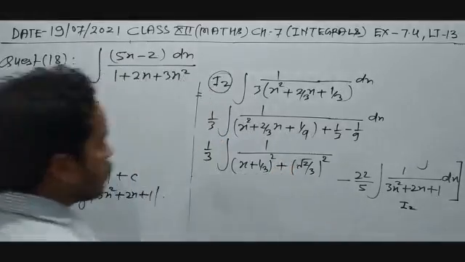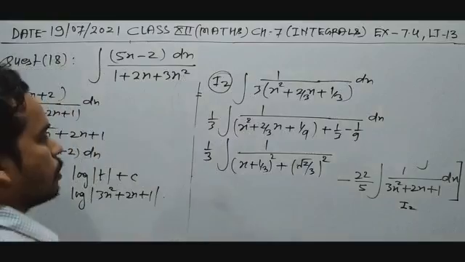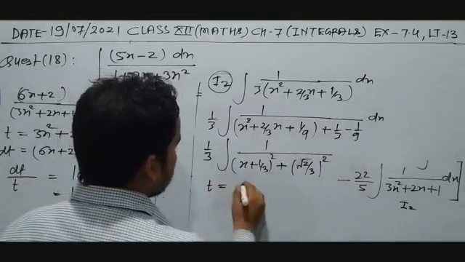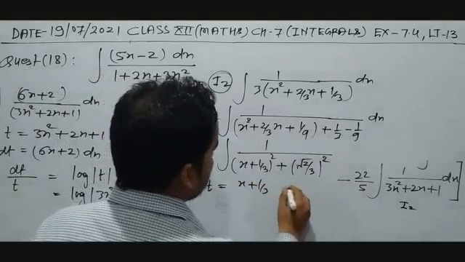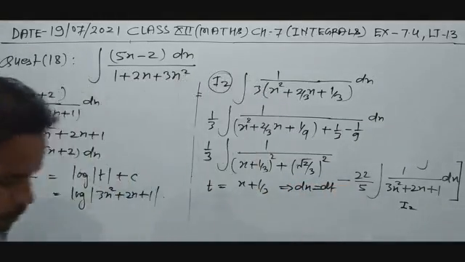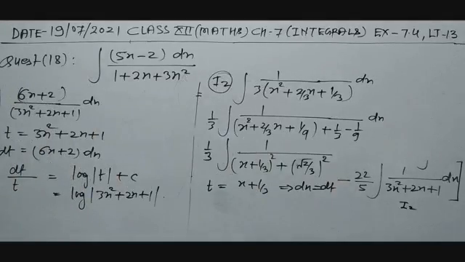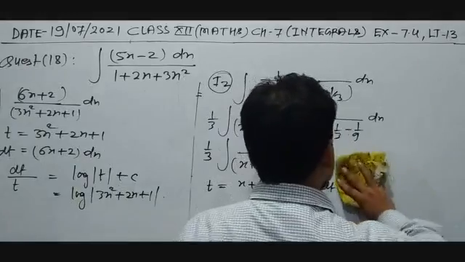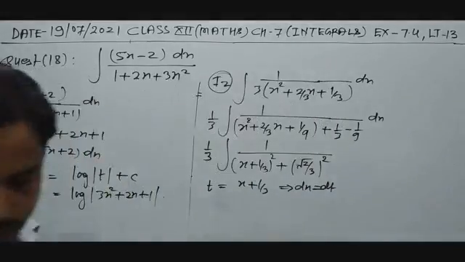Now you know the formula for 1 upon x² + a². In this question, consider t = x + 1/3. This implies dx will be equal to dt.